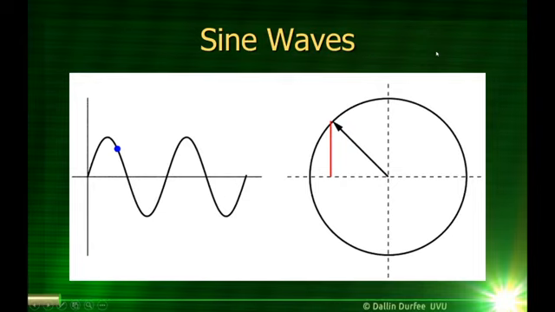And if I increase the angle more, then sine of theta starts to come down. And when I plug in 180 degrees, or pi radians, my sine has returned to 0. As I continue to increase theta, now the y component of this vector becomes negative, so sine of theta becomes negative.